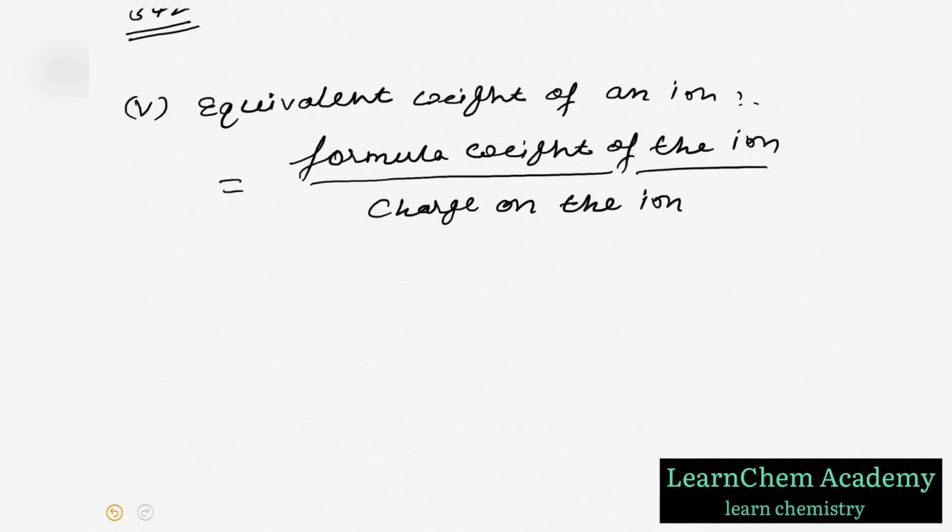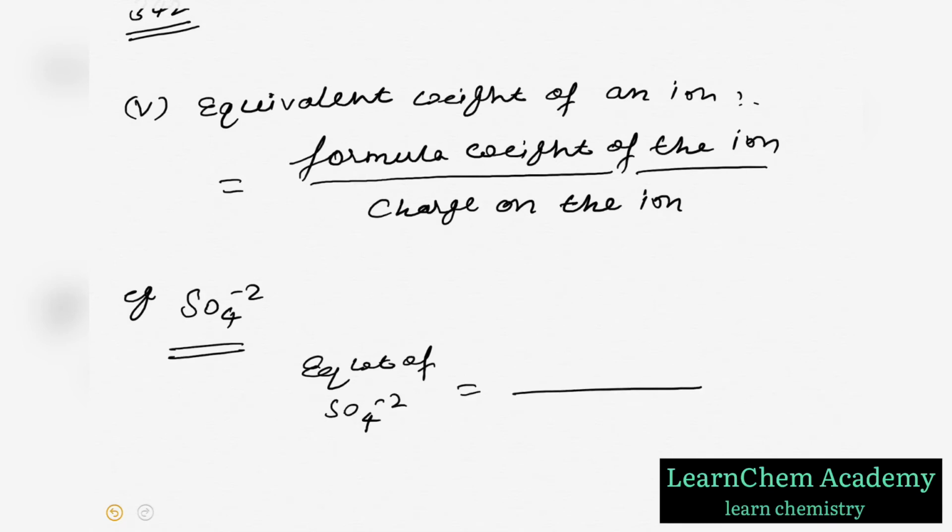Okay, so here if we take an example, sulfate ion SO4 2-, in this case equivalent weight of sulfate ion: formula weight of sulfate is 96.